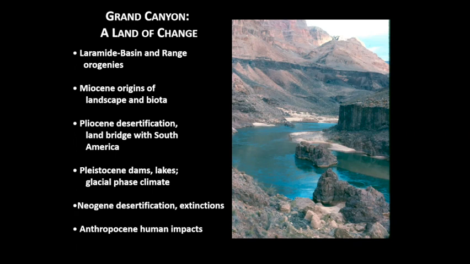Recently, in geologic time, over the last several 100,000 years, we've had massive lava flows that have poured into Grand Canyon, creating Pleistocene dams and large lakes, in a changing climate that was much cooler and wetter back in those days. But beginning about 12,500 years ago, the landscape once again began to dry out. We lost a lot of big critters in the landscape, and then, of course, humans stepped in and have been altering it in one way or another for the last 12,000 years or so, at least.